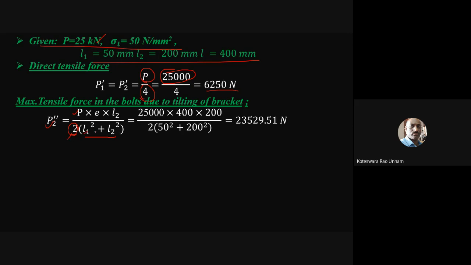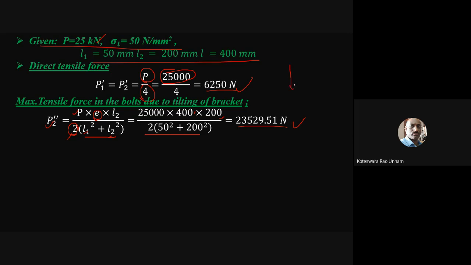So he has given L1, L2, everything is given to us. Of course, E is given in terms of L. So L he has taken as E. You can substitute that: 25,000 into E, where E is 400, into L2, which is 200, divided by this one. We get the tensile load because of tilting of the bracket, or because of the bending moment created by that eccentric load, at bolt B. So now this is a tensile force and this is a tensile force.